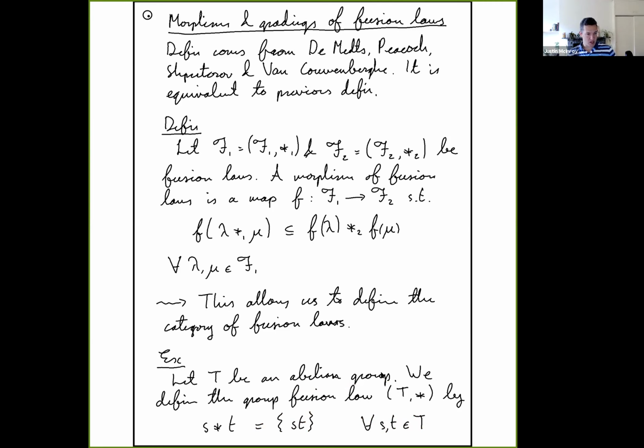And why have I given you this? Well, this is the way we're going to define a grading on a fusion law.